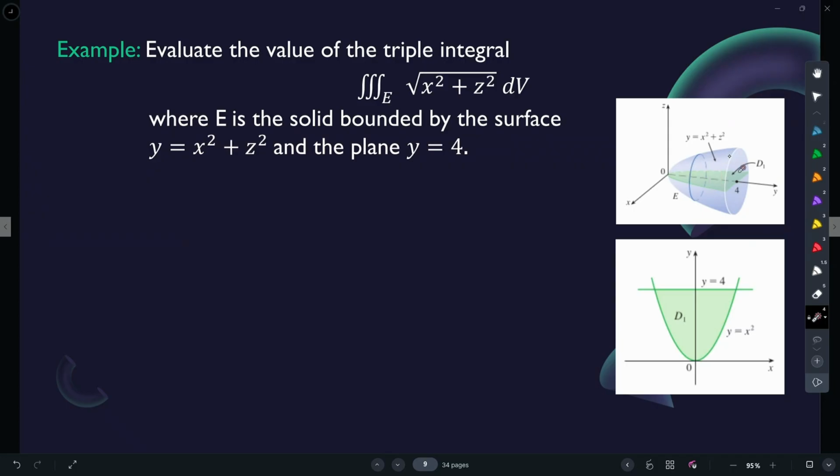And then the z coordinate goes between two functions of x and y. So I can, in fact, compute this integral.